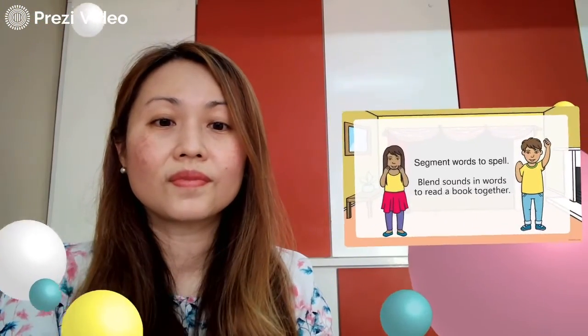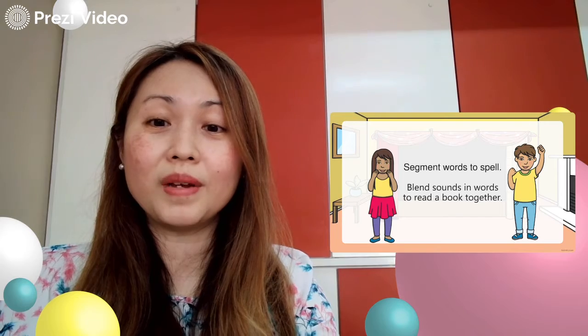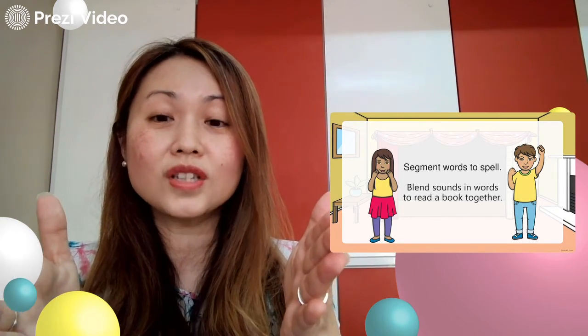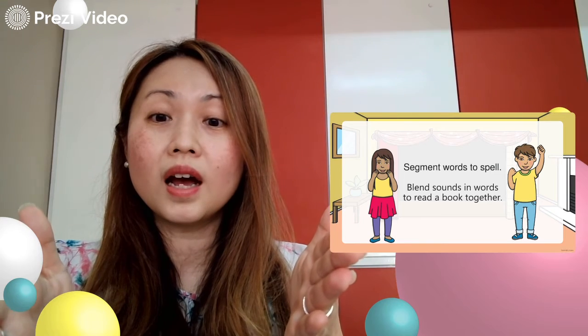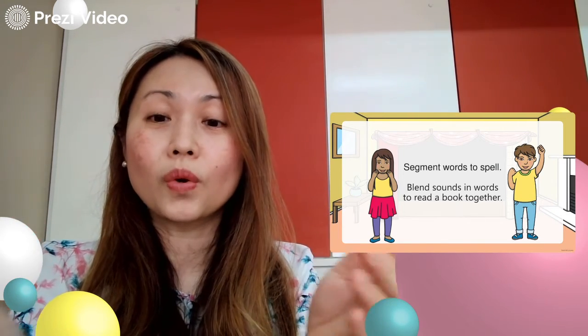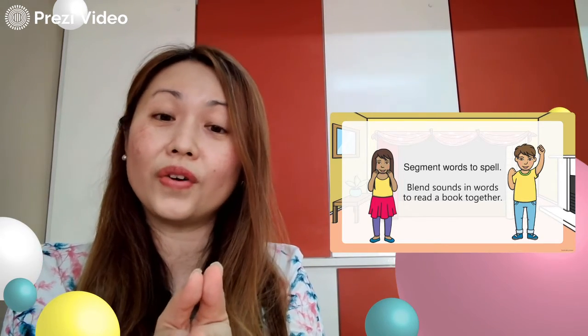So grab fun books that they enjoy, or pick specific books for this phase. This could also be the beginning to segment words where they can start spelling, like ch, air, s. How do you spell chairs? Or blend these sounds so they can start reading on their own.